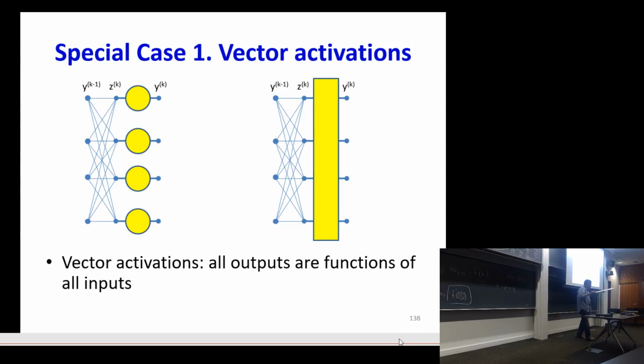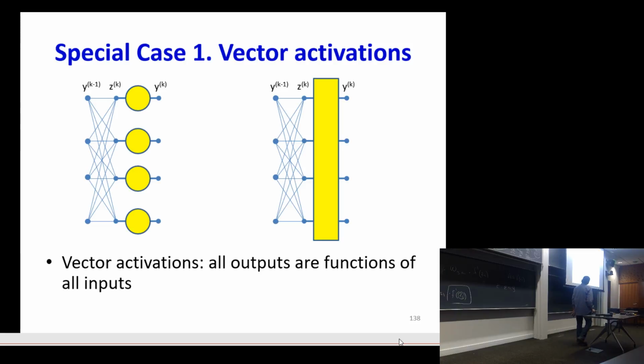Every affine combination is being individually processed by an activation. You can have other situations where they are jointly processed, and those of you who have looked at the homework have already encountered one of these. What was that? Softmax, right? If I change one guy, it changes everything.